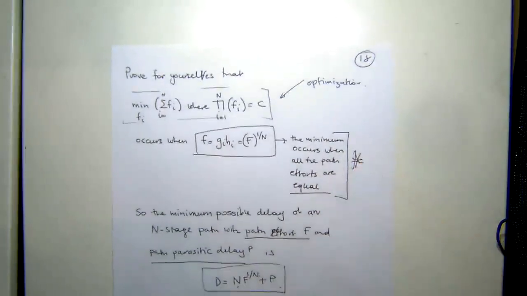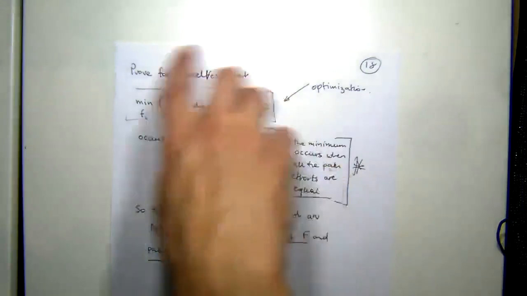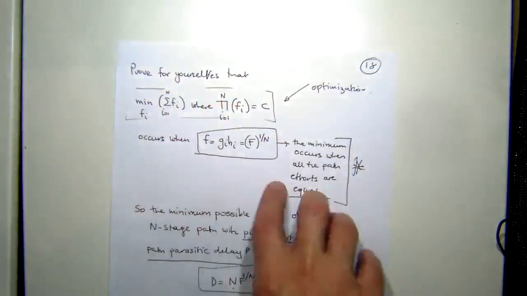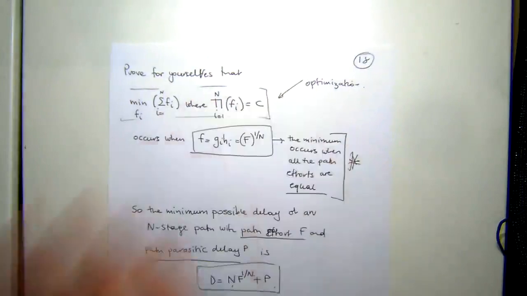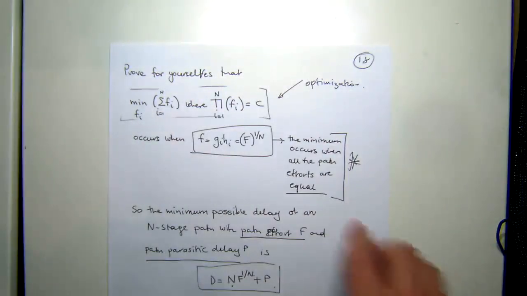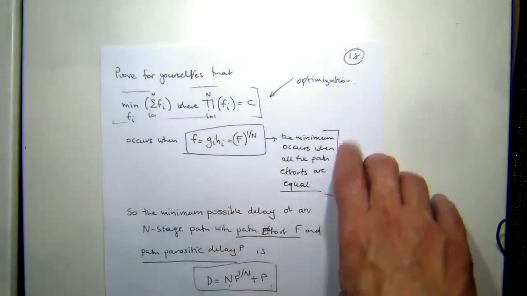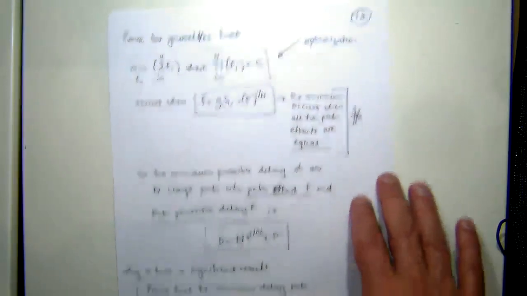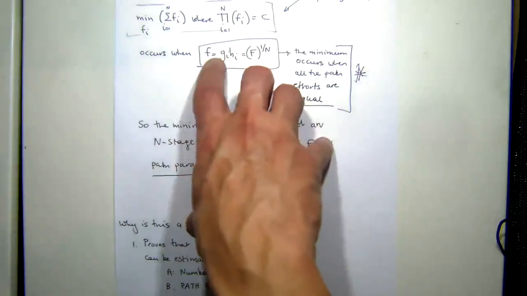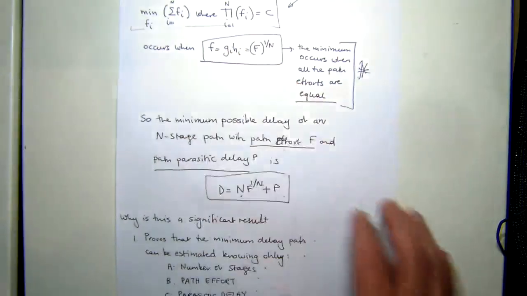I said for you to prove for yourselves that the minimum delay through a collection of circuits occurs when you've got minimum path effort delay in each of the components. If you go through the mathematics, you can prove this for yourselves.